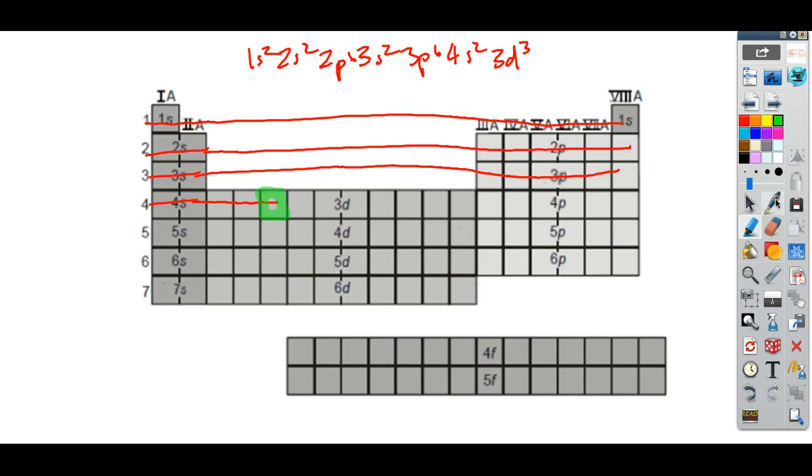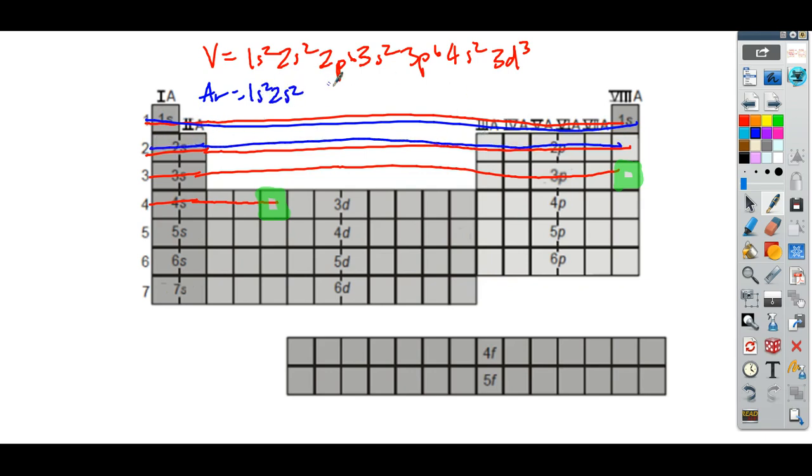Okay, vanadium. Wow. All right, let's find the noble gas that directly precedes it, argon, and write out the standard configuration for that noble gas. 1s2, 2s2, 2p6, 3s2, 3p6.